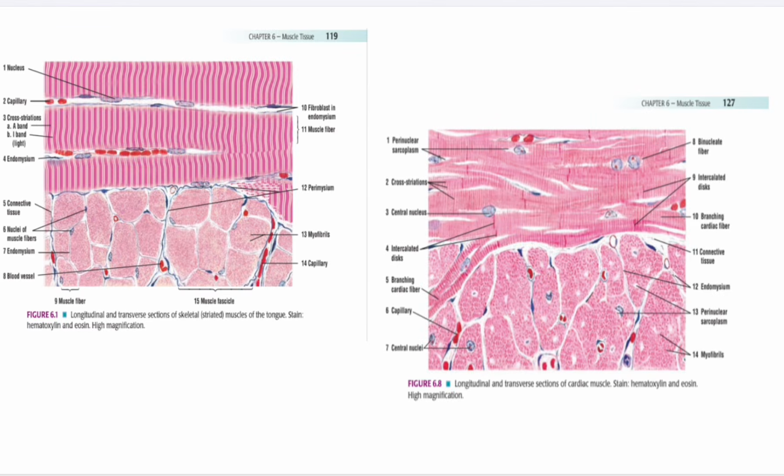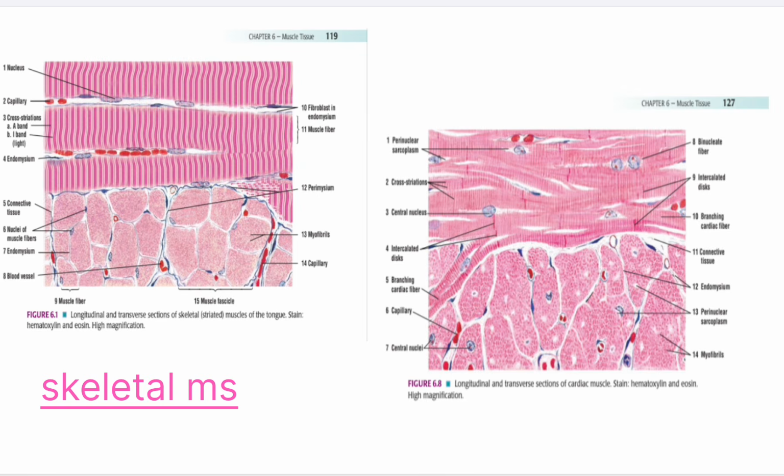Now we are coming to the slides which I have taken from Di Fiore's Atlas of Histology. In the first picture, you are seeing skeletal muscle, where the stain used is hematoxylin and eosin.